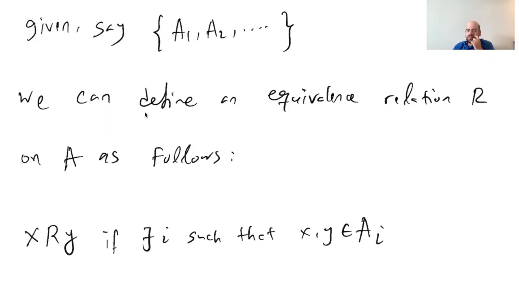So if both x and y are in one of the Ai's, then x is in relation with y. Our claim is that the relation defined this way is an equivalence relation on A.